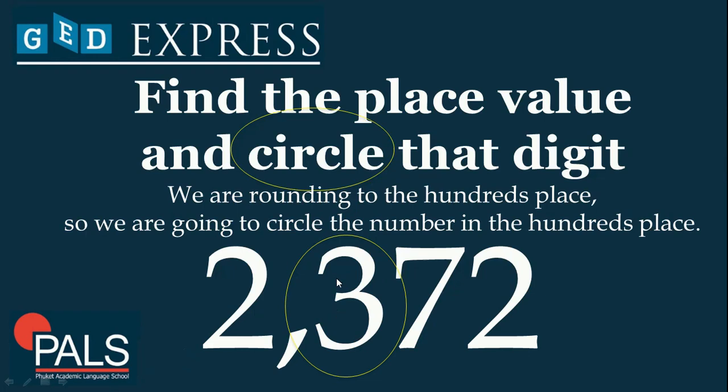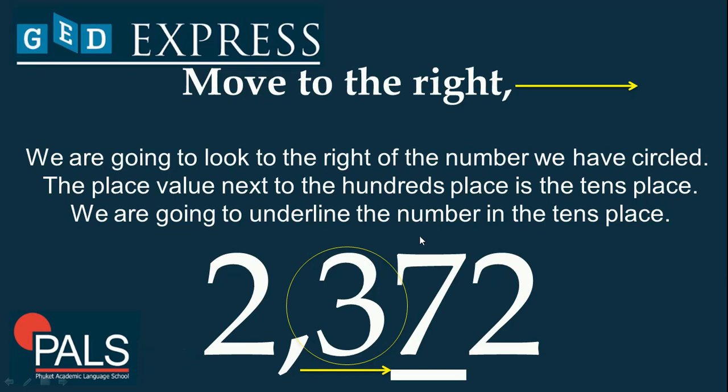Now, we circle that digit that we're going to round because we are rounding 2,372 to the nearest hundreds place. So we circle 3. Now next, we consider the number that is being preceded after the hundreds place. That would be 7, which is on the tens place. So I put here an underline to denote that we are considering this number.